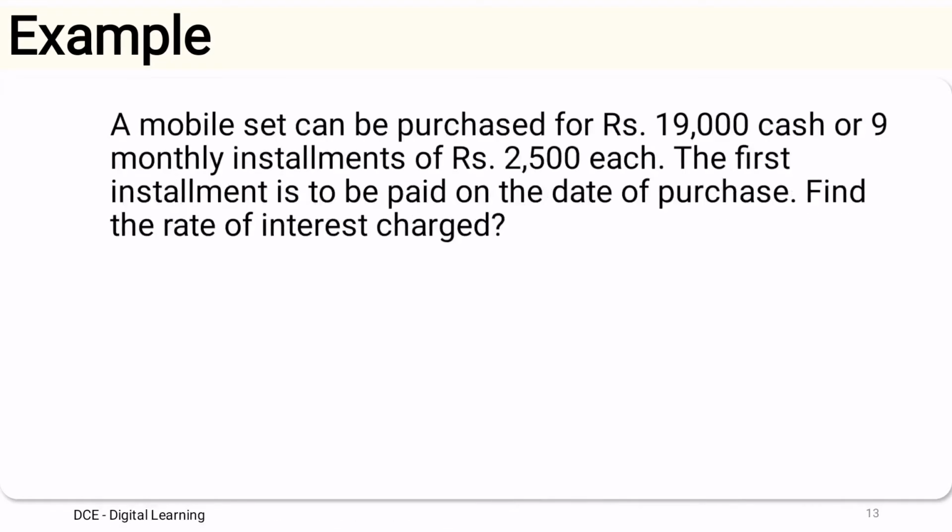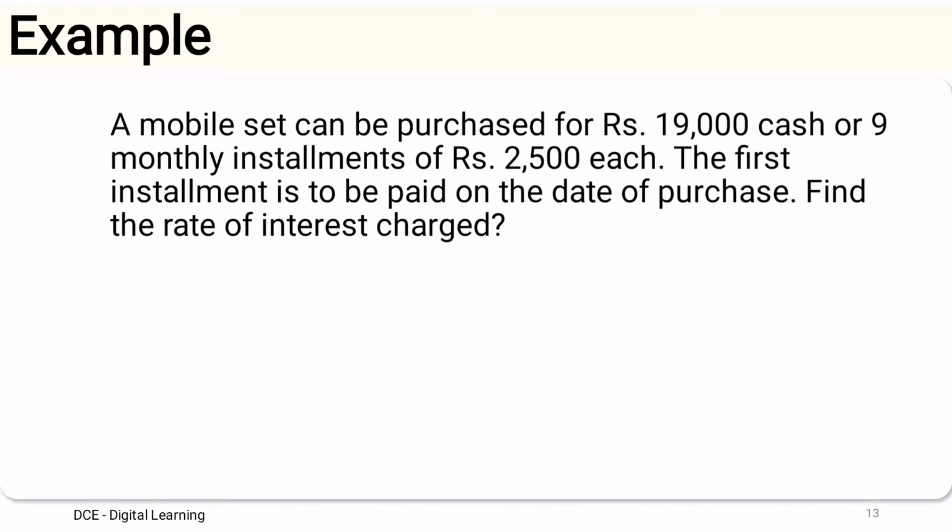So let us take one example on computing simple interest under installment buying. A mobile set can be purchased for 19,000 cash or 9 monthly installments of rupees 2,500 each. The first installment is to be paid on the date of purchase. Find the rate of interest charged. Here, a mobile is being sold on installment basis.